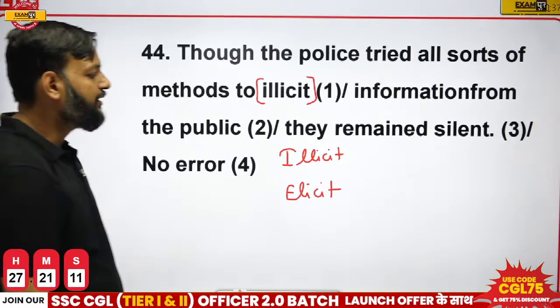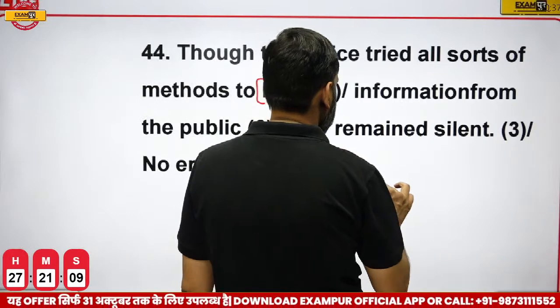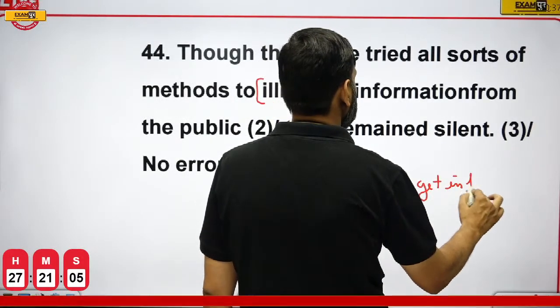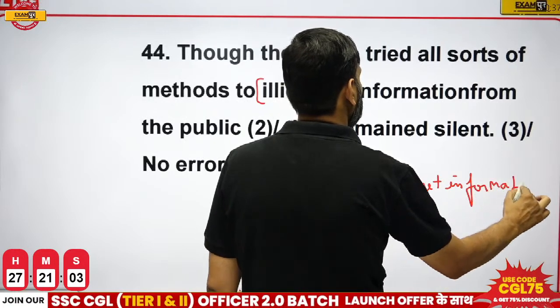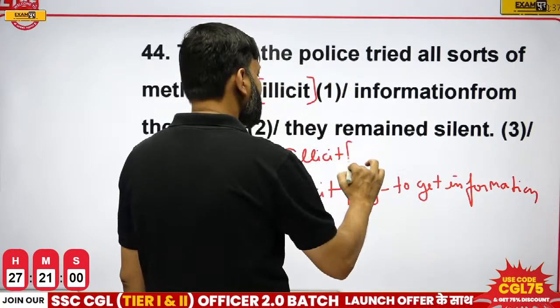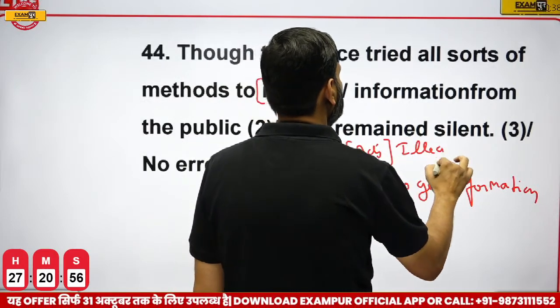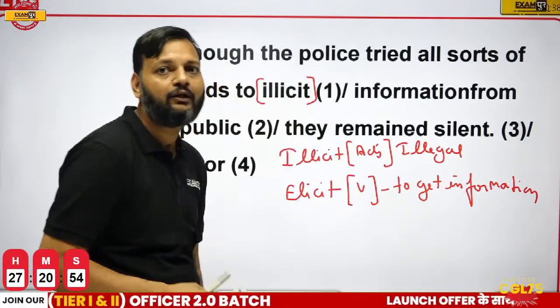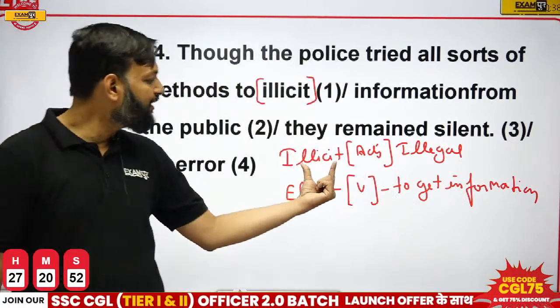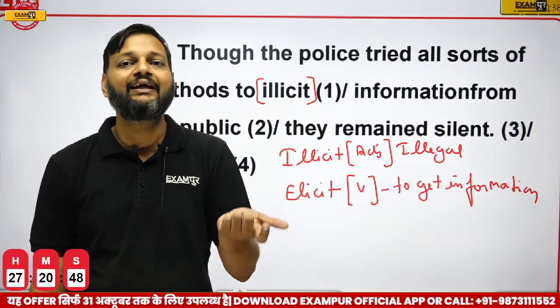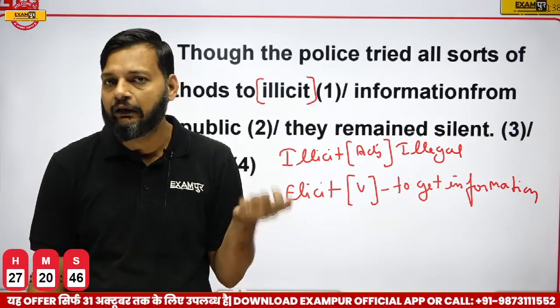Now, elicit is a verb which means to get information. And illicit is an adjective which means illegal, not allowed by the law. Illicit is the synonym of illegal, right?